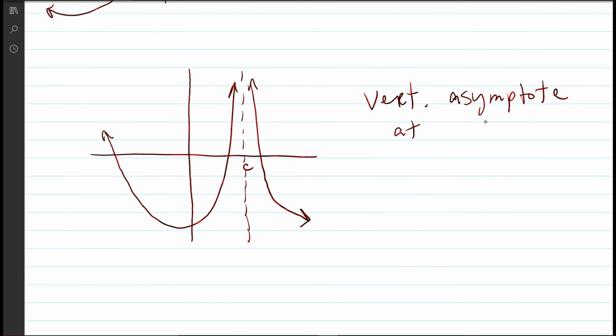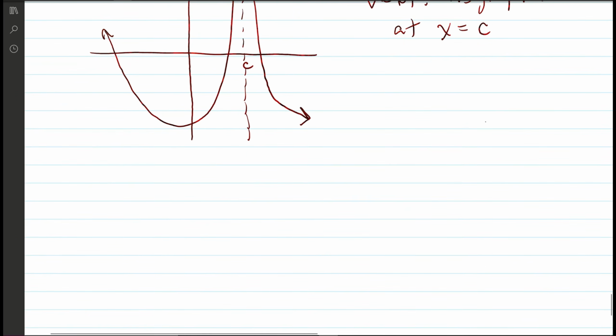So we'll say at x equals c, we have a vertical asymptote. Here our function increases, going up and up and up, never touching or crossing that asymptote. It increases without bound. So this is another situation where a limit does not exist for our function.